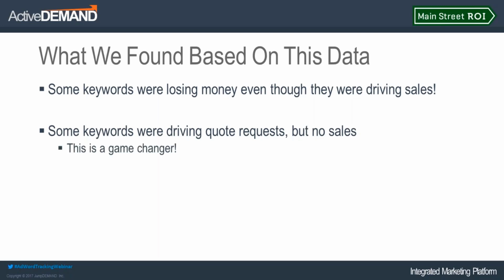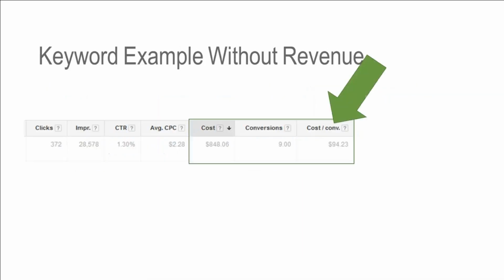That's obviously a game changer, because before we had this tracking, we would see that keywords were driving quote requests and we thought that was great. It was within the range of the cost per quote that we were looking for. But then once we figured out those quote requests were just not, for whatever reason, turning into sales, we were able to turn off that type of advertising. Previously we would treat that equally.